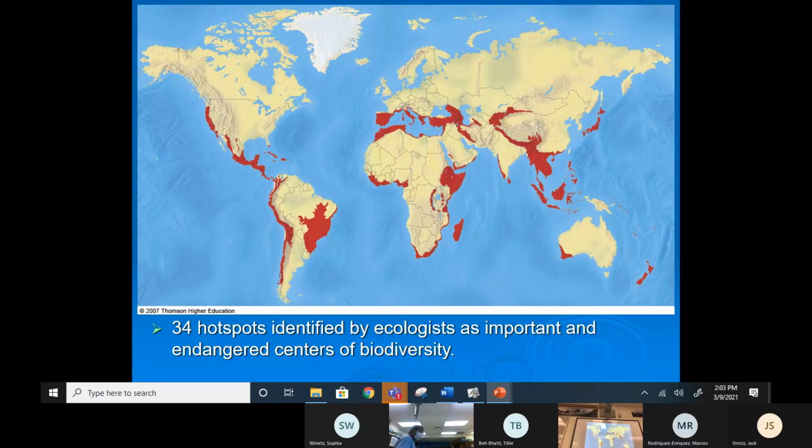Most of Central America, of course, the Amazon and the Andes Mountains, and we could go on and on naming these places. The more unique it is, the more likely that it's been suggested to be protected, like the entire island of Madagascar, down here by Africa. The only place where there's lemurs. But there's like 30 or 40 kinds of lemurs.